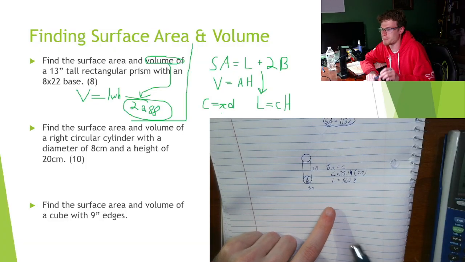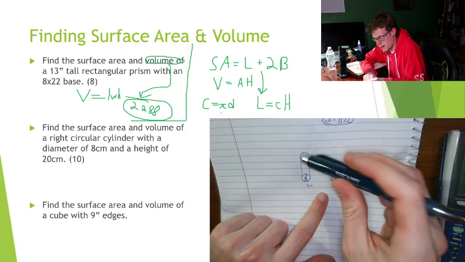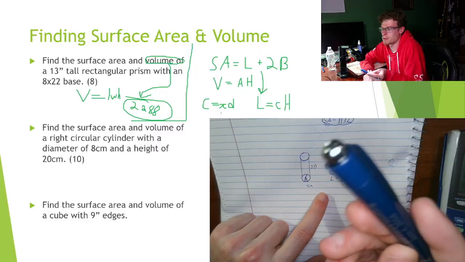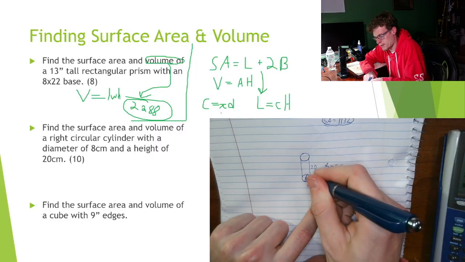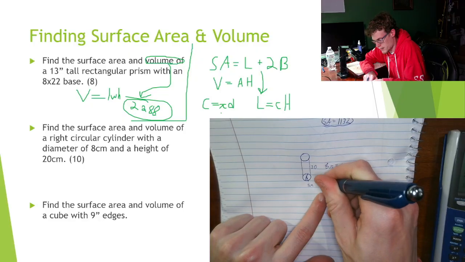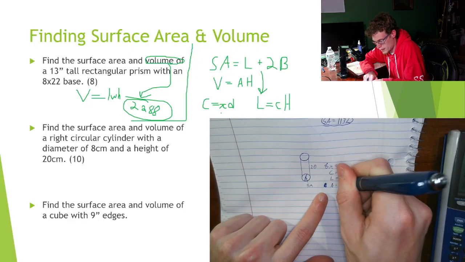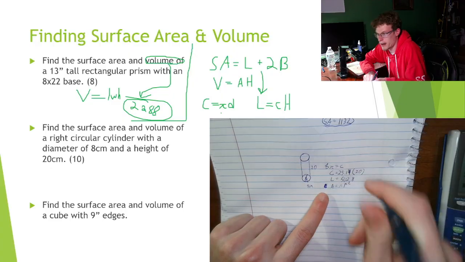Now we can find the area of our bases, because remember, as I pointed out up there, we have to find L plus 2B, and I don't know the area of this yet. Don't forget, the area of a circle is equal to pi r squared.